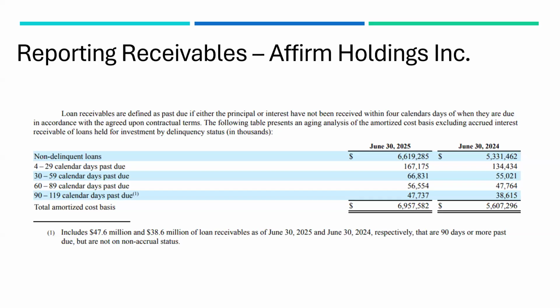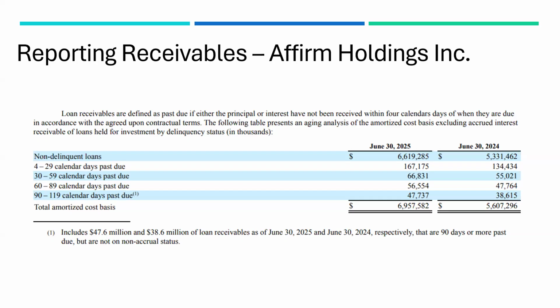But right, Affirm's whole business is making these short-term loans so people can buy things. And so the credit worthiness and the allowance for credit losses for Affirm is super important to investors. So in their notes to their financial statements, they report the whole aging schedule of their receivables.